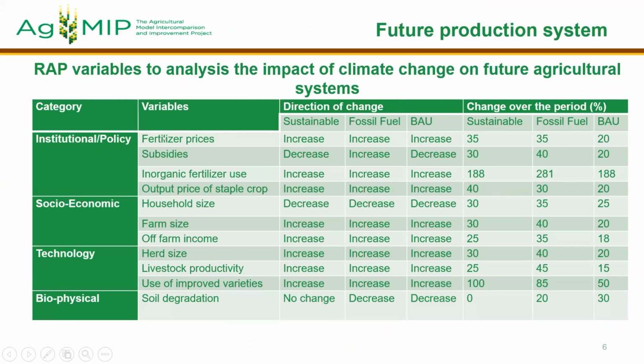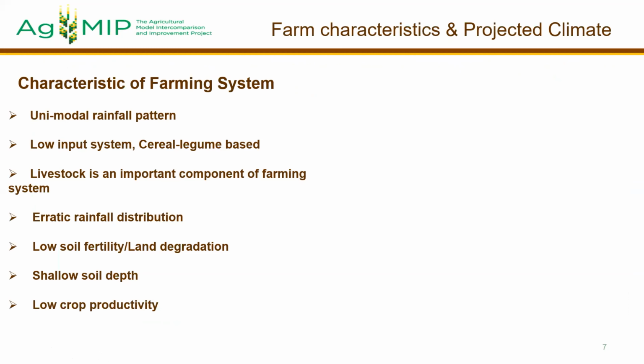For instance, if you take fertilizer prices under the Sustainable Development Pathway, what would be the direction and magnitude of change for fertilizer prices? These were the exercises we went through with a number of stakeholder engagements to come up with the scenarios.